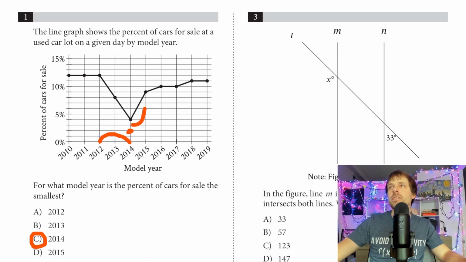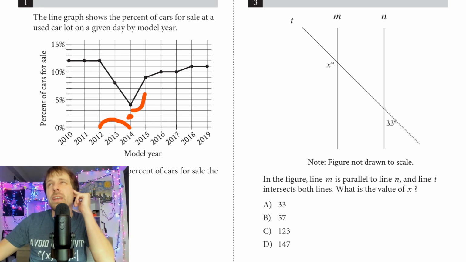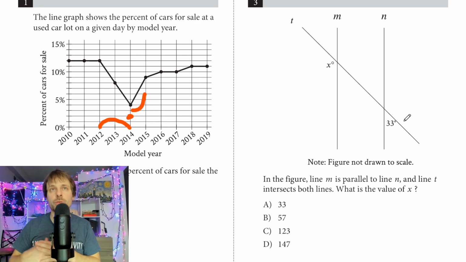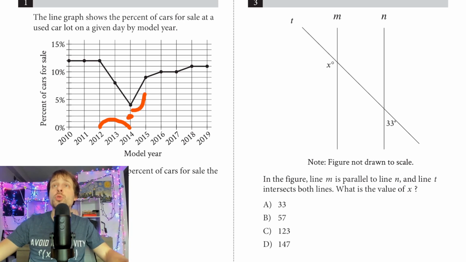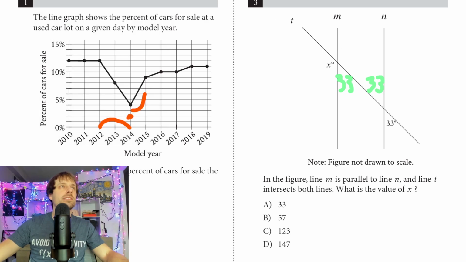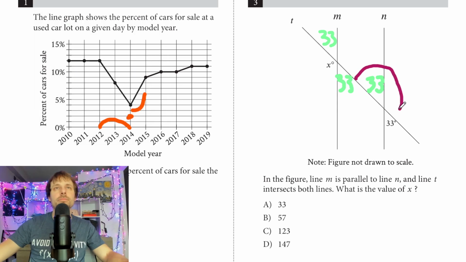Number 3 here, let's move this. Let's scroll up a tiny bit more. So we have this diagram of angles. We should be really familiar with this. The main thing is that we're only going to have 2 angles in this entire diagram. Remember your vertical angles. So I already know that this is going to be 33, and I know that this is going to be 33. And then I also know that this has to be 180, right?